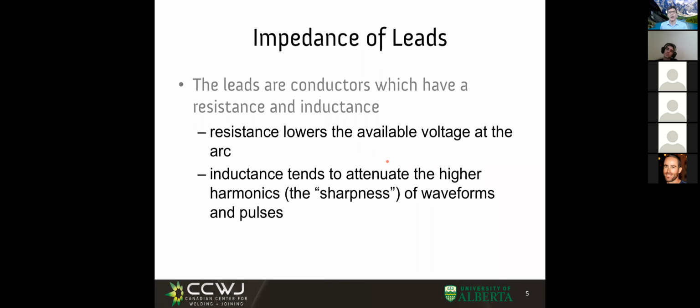We talked about how the leads have two effects. Not only the resistance that relates to the DC current. If I were to have a bigger conductor, I would have lower resistance. But in addition, we have something called the inductance, that is some sort of resistance to the passage of pulses, or to variations of current.